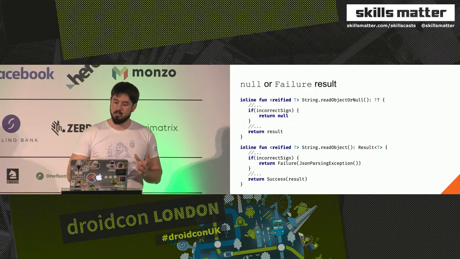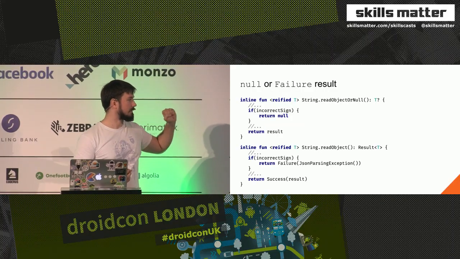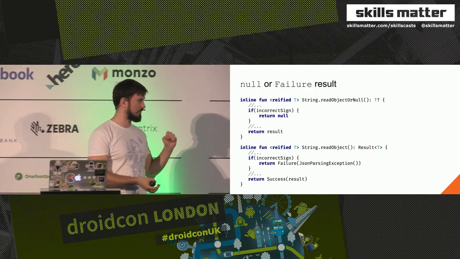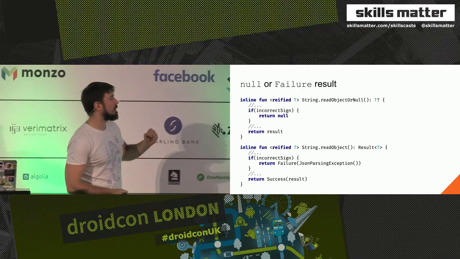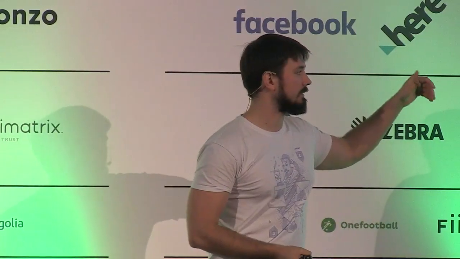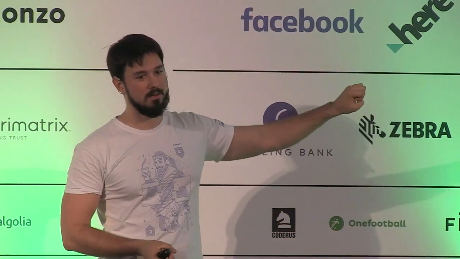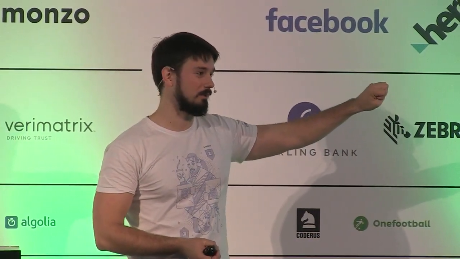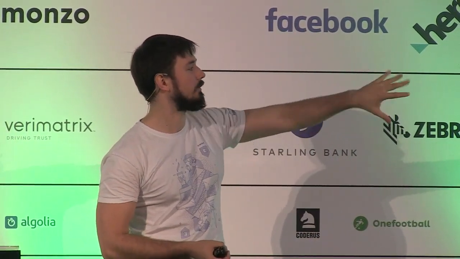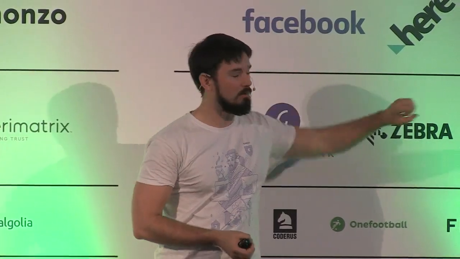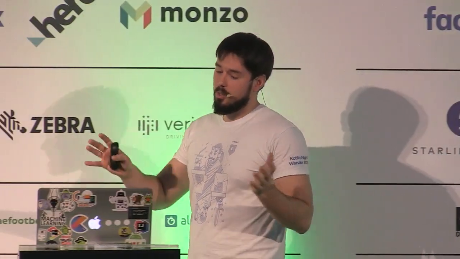The second one also has in its API information that it's possible that it cannot read object because it returns result that is either a success or a failure. It might be Kotlin standard library result. I mean, not at the moment because currently it's experimental and not allowed at this position, but probably in the future it will be. Or you can implement it yourself.